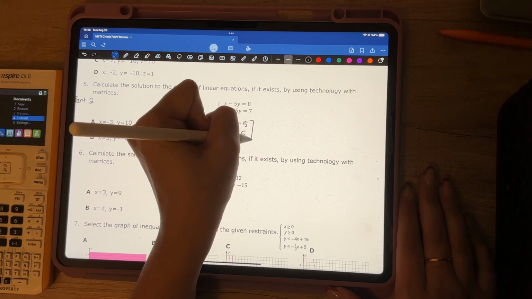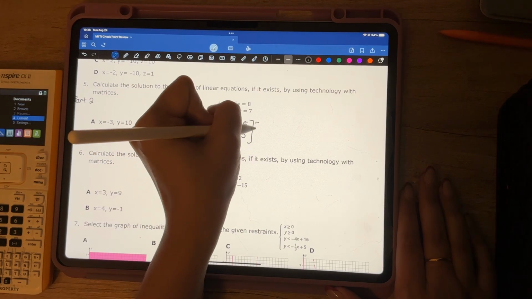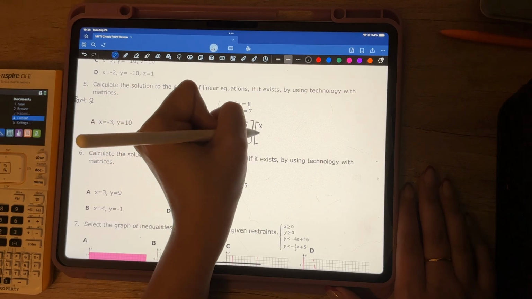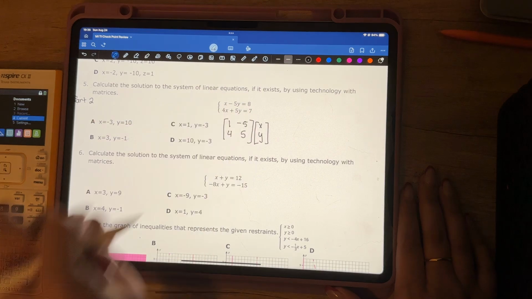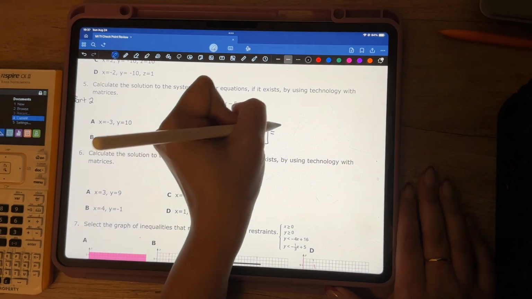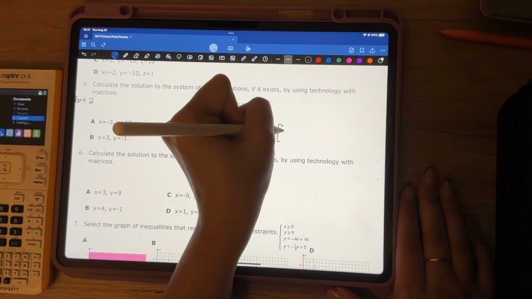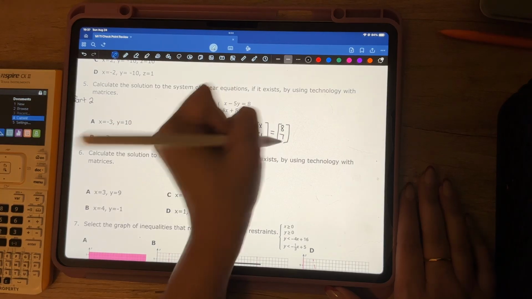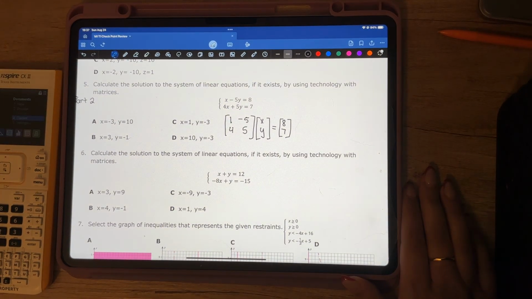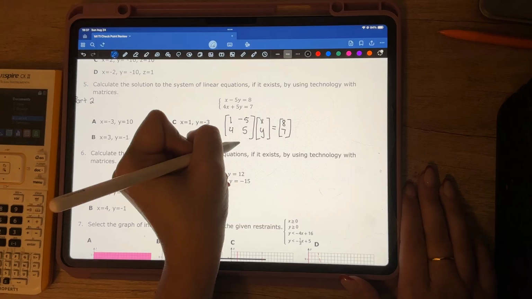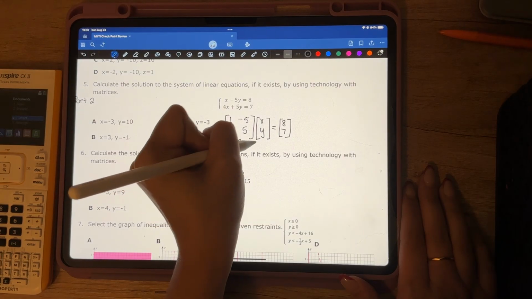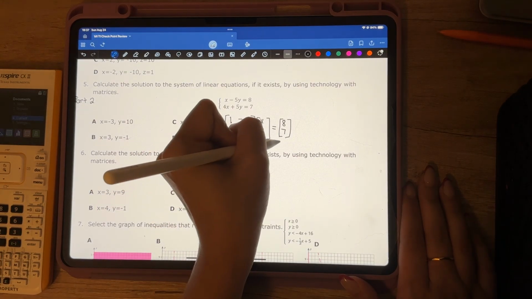This time we don't have a z variable, so we don't need to worry about it. Our variables this time are just x and y, and it's going to be set equal to 8 and 7. So remember with these, this is A times X equal to B.